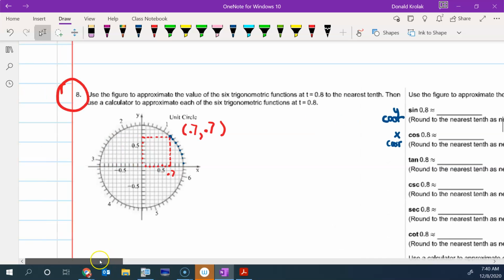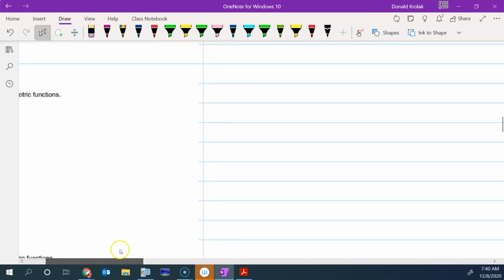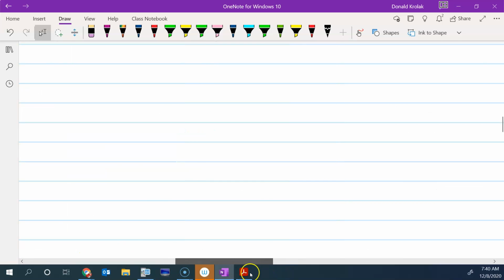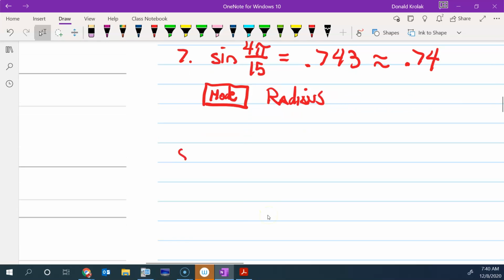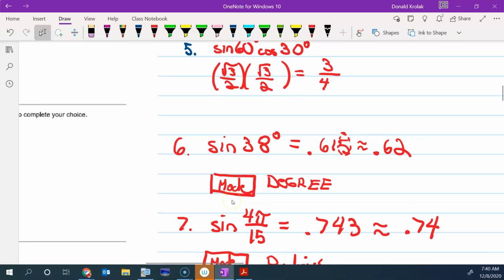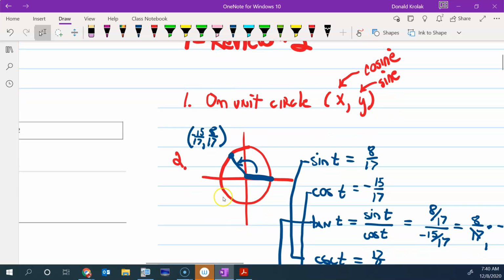All right, so now once we got that, we can list what all these things are. Okay, so this is number 8. Okay, so the coordinates of my point are 0.7 and 0.7. This is the x and this is the y. Okay, so for that problem, write down the coordinates of your point. Okay, now it's just like this.